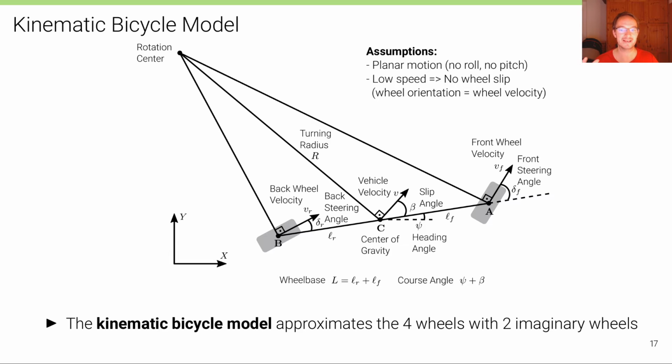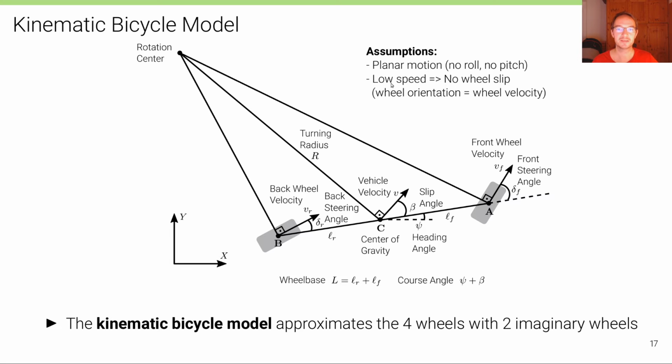There's only the heading angle, illustrated here by psi, which is the direction of the vehicle, this black line connecting the rear and the front wheel of the bicycle, with respect to the x-axis of the coordinate system. And that's the angle here that we call psi. So we only model this planar 2D motion.